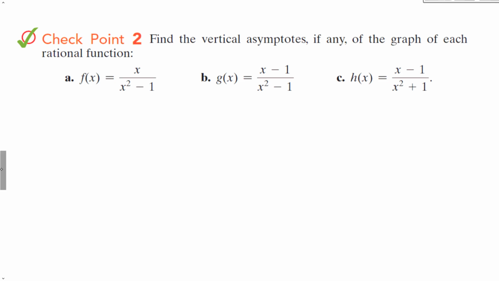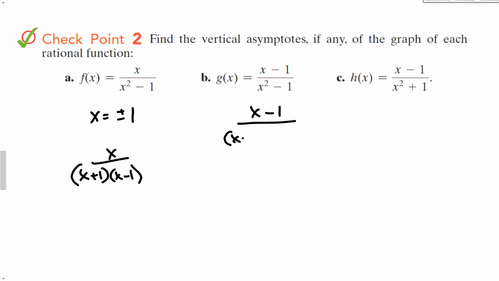Okay. Find the vertical asymptotes. So here, the vertical asymptotes would be x equals plus or minus 1. If I set that equal to 0 and factor it, x over x plus 1 and x minus 1. Here, notice we have x minus 1 over, factoring the bottom, x plus 1, x minus 1.